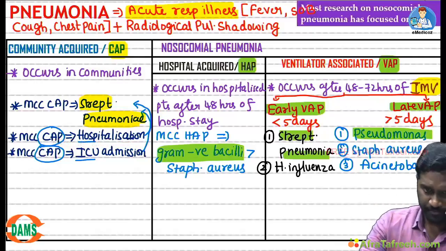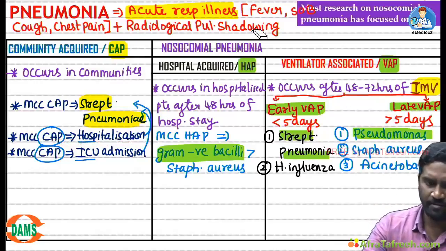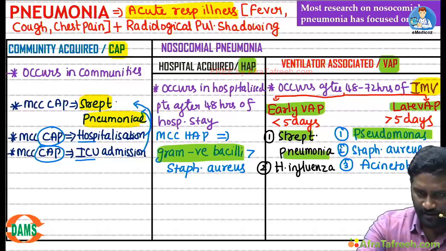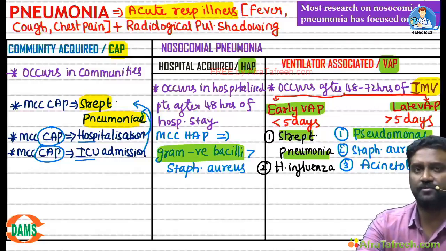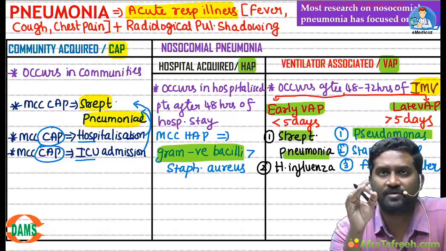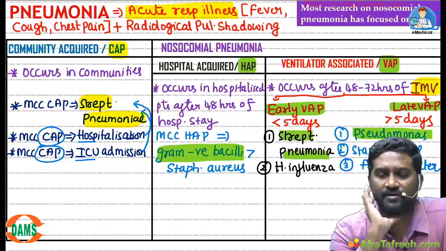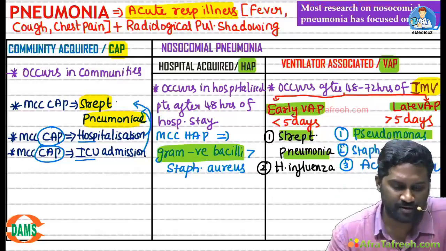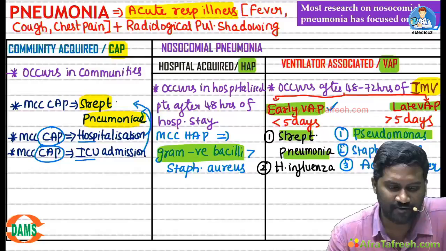Then, most research on nosocomial pneumonia was actually focused on ventilator associated pneumonia. Most of the data regarding nosocomial pneumonia is on ventilator associated pneumonia. So if they mention the most common cause of early nosocomial pneumonia, it is nothing but early VAP.